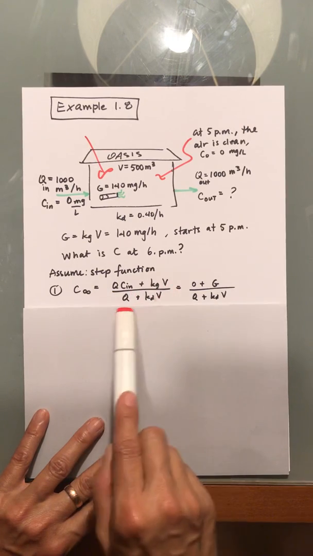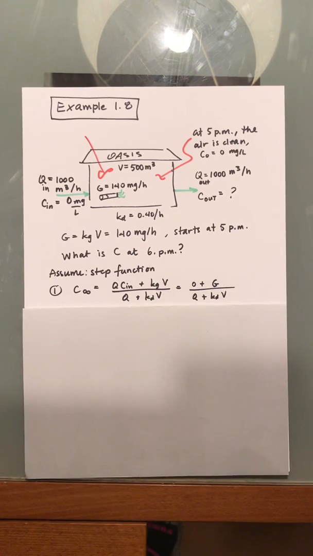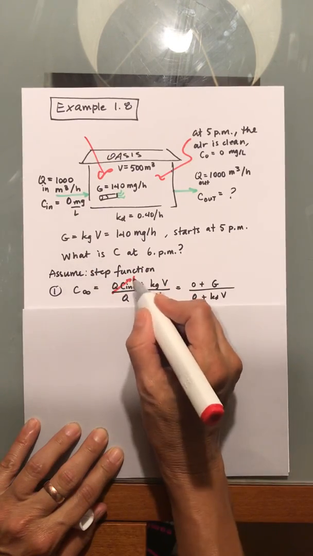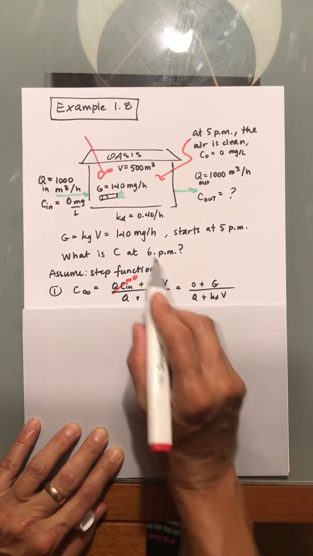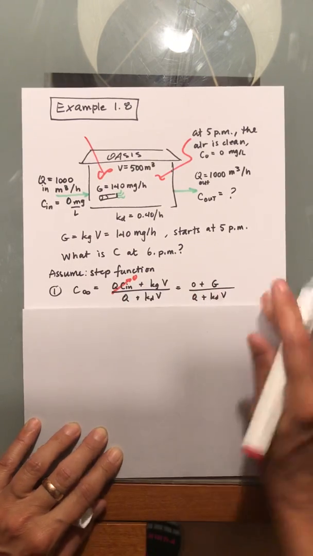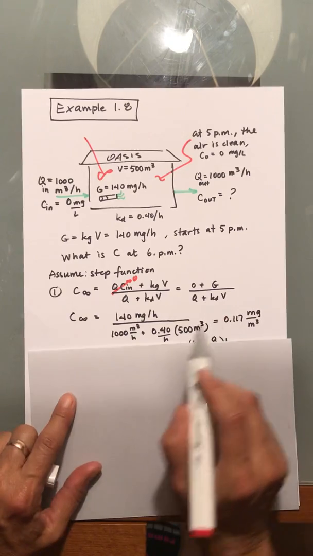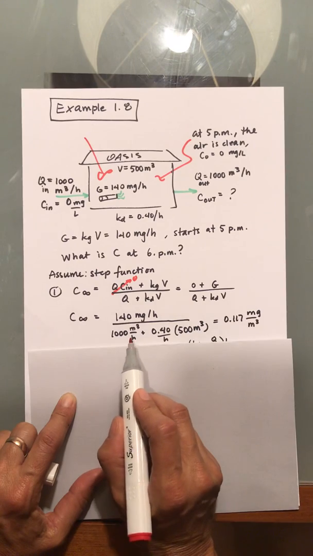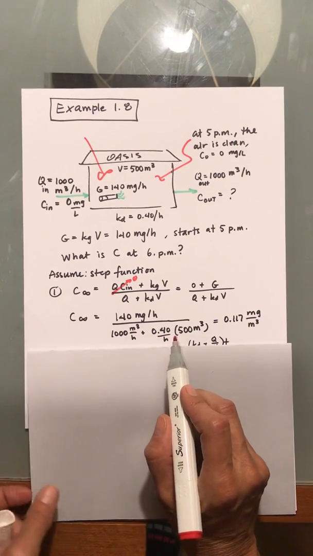QCN plus KGV over Q plus KDV. Remember, our concentration coming in is 0 milligrams per liter, so this term is going to go to 0, and this is just our generation term, G. So C infinity ends up equaling G divided by Q plus KD times V. So C infinity equals 140 milligrams per hour, divided by the airflow in, 1,000 meters cubed per hour, plus decay rate constant times the volume.